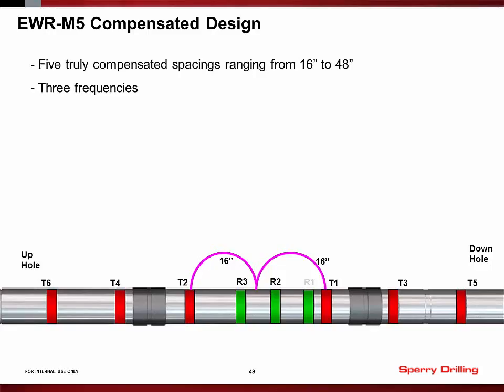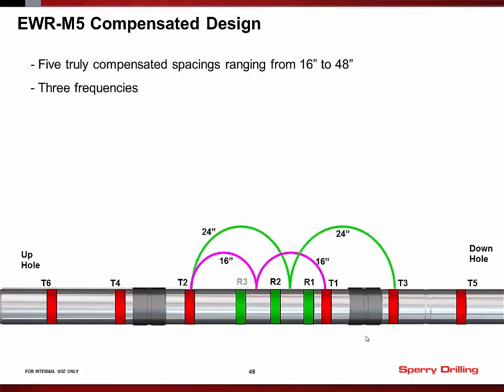So in order to get all those spacings, if we wanted to get, say, 5 spacings with a compensated arrangement like this, the first thought would be to put 5 transmitters on each side, and we don't have that in this case. What we have instead is a third receiver and some carefully chosen spacings so that we can maintain a compensated measurement.